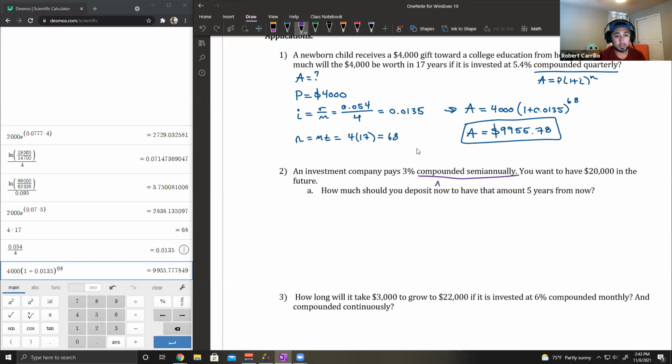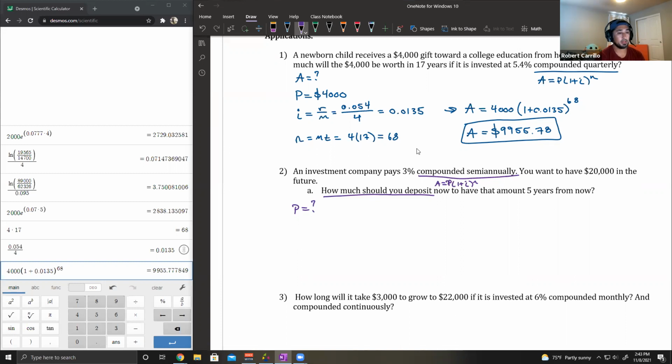We're still using A equals P times 1 plus i to the n. But this time it says we want to know how much we should deposit, so we're actually looking for P.